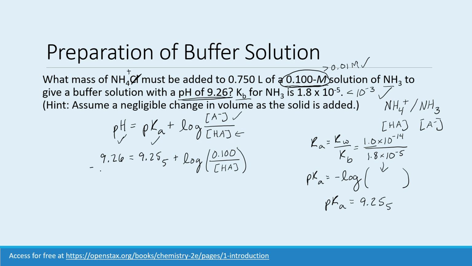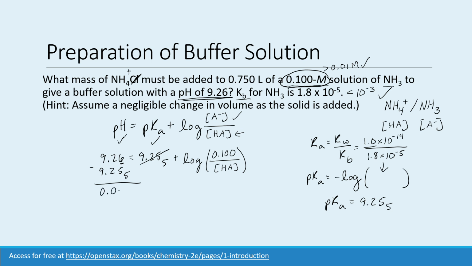Okay, so subtract the 9.255 from the 9.26. When we do that, remember that for subtraction rules, the significance is only going to go out to the hundredths place, the second decimal place out.